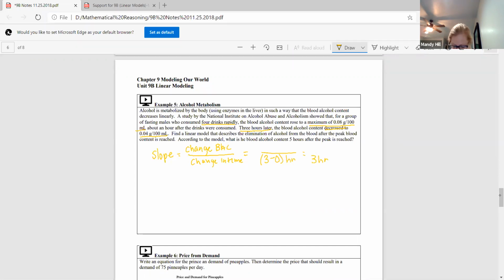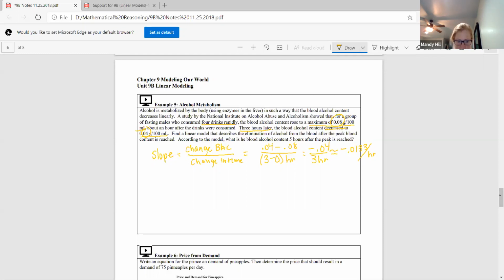And the blood alcohol went from 0.04 at 3 hours minus what it was in the beginning, 0.08, which is negative 0.04. When you divide these two, you're getting approximately negative 0.0133 blood alcohol level per hour.